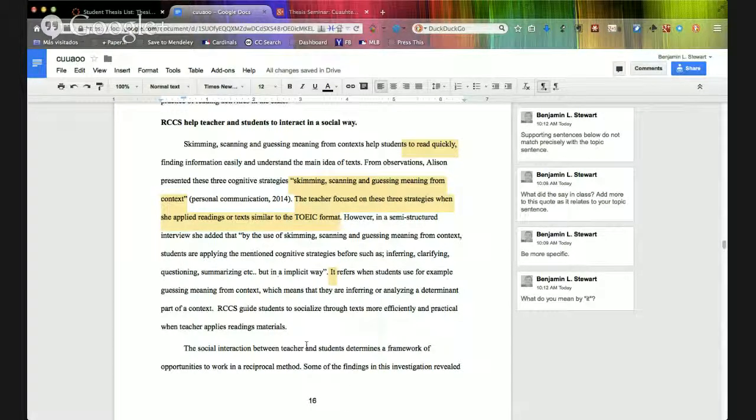Okay. Now, estás hablando de RCCS, what is RCCS? Listening comprehension strategy. Pero no mencionaste algo aquí, RCCS, ¿verdad? In the evidence, ¿Dónde?